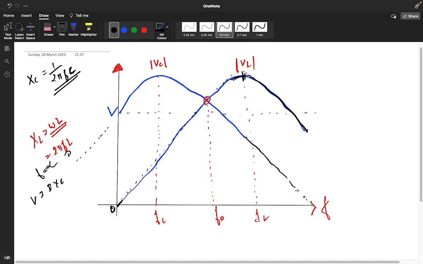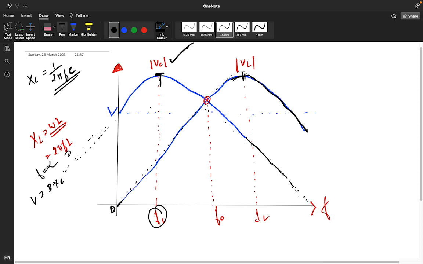Now if you decrease the frequency, the voltage will increase, and at one point we get the frequency we call FC. When the capacitive voltage is maximum, it will again start decreasing like this.